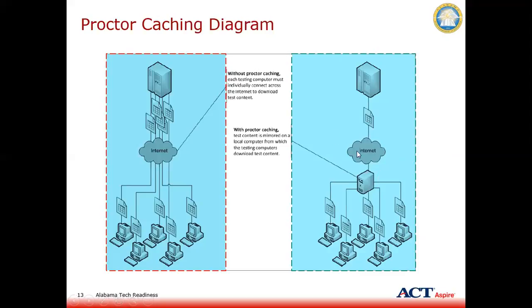So you don't have all of that traffic going through your ISP. You're able to pull it down in advance, and it really is going to help you test more students at the same time and in a more stable way. So you don't have all that traffic through your internet service provider. And so that's why we are saying that Proctor caching is required this year.